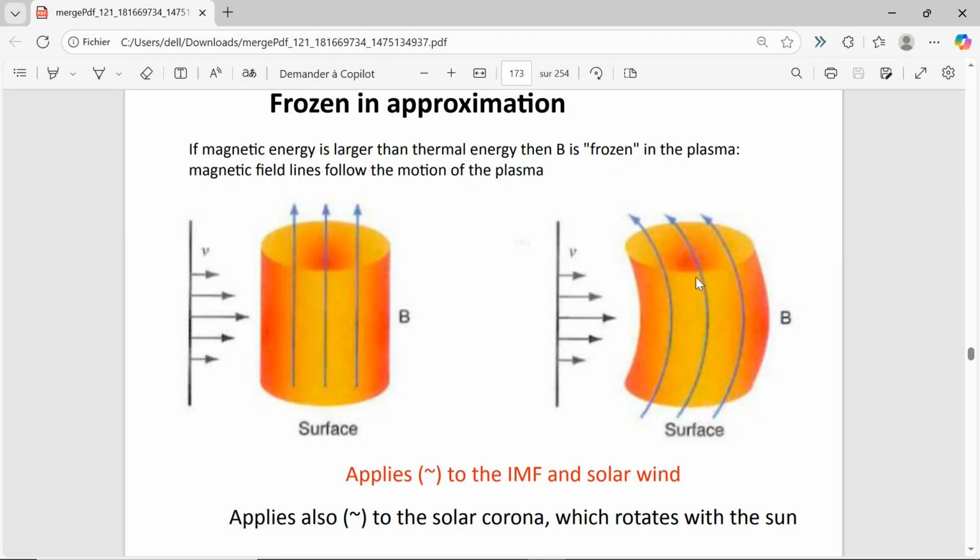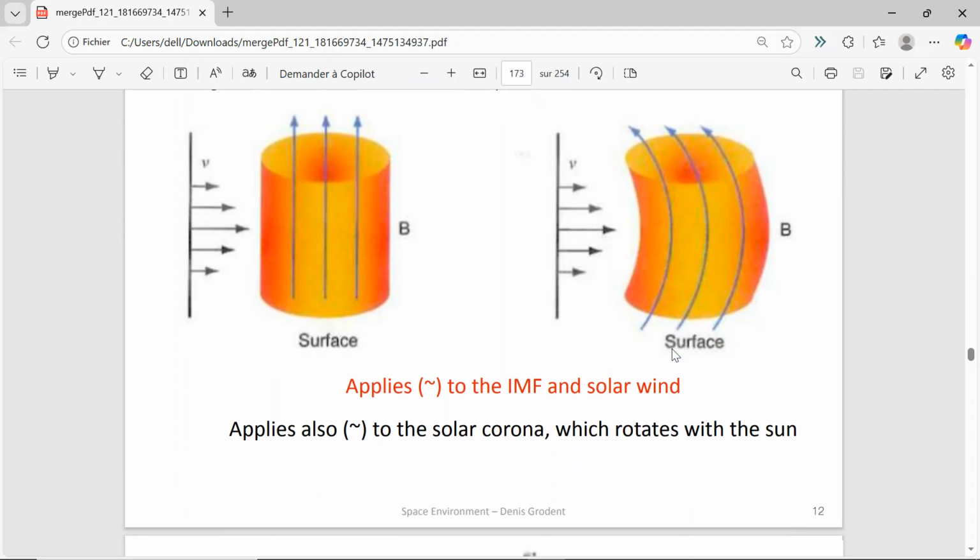The particles on the equator do a complete circle in 27 days, while it takes 35 days, I think, for the poles. So we have these big gradients of velocity that will distort the plasma, distorting the magnetic field with it.